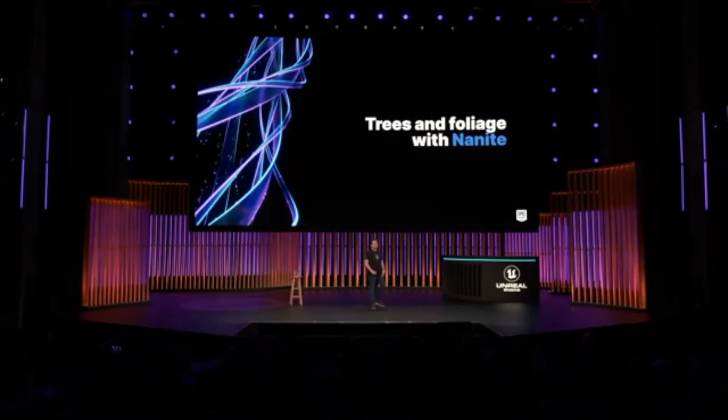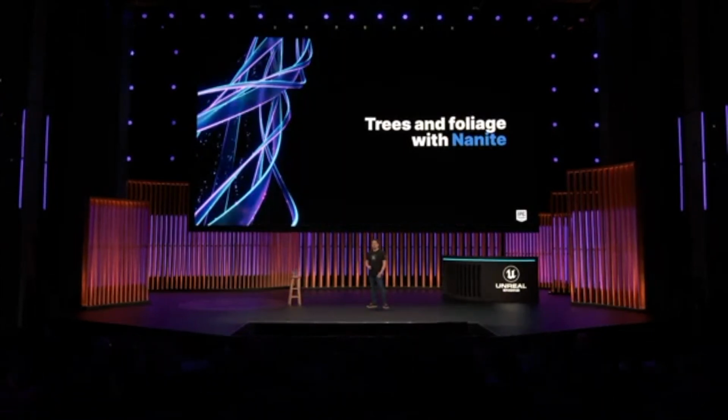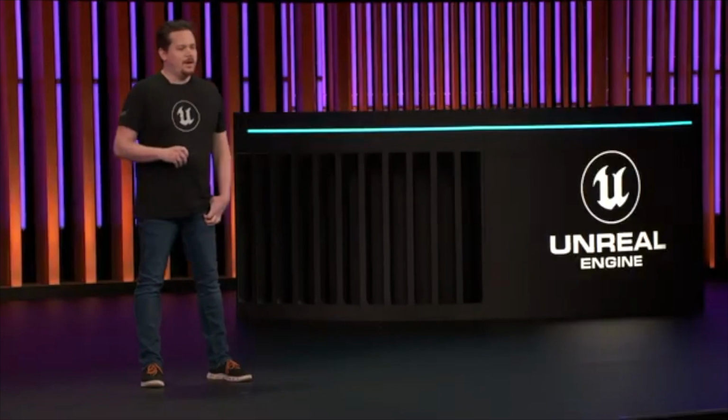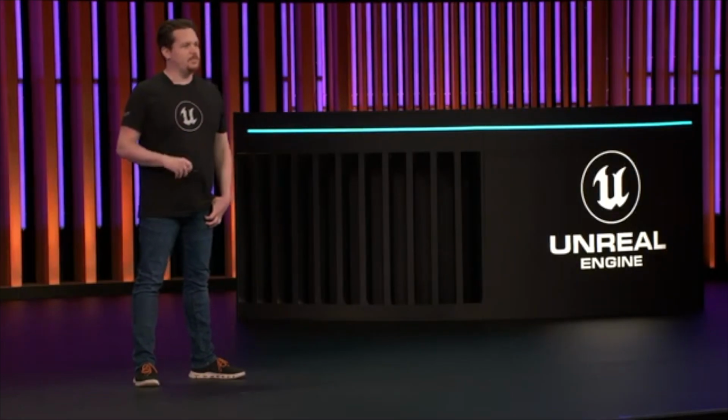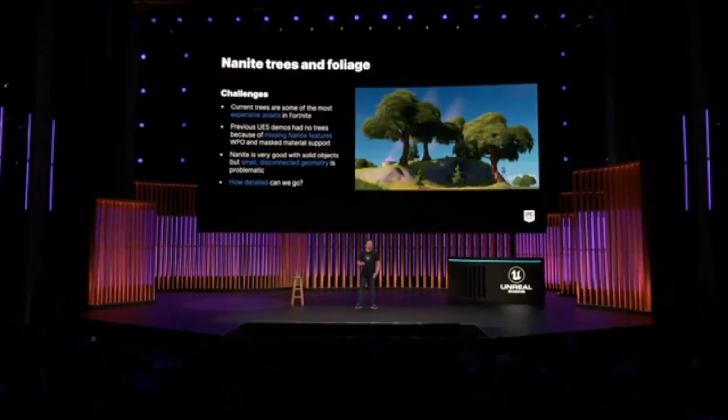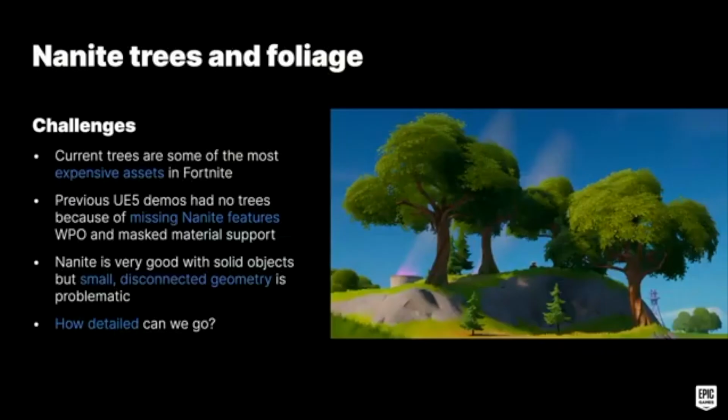Next, we needed to figure out how to build trees and foliage with Nanite. Our current trees were one of the most expensive assets in Fortnite. So we knew this was going to be challenging. And previous Unreal Engine 5 demos had no trees or foliage at all because of missing features like world position offset shaders for animation and masked material support.